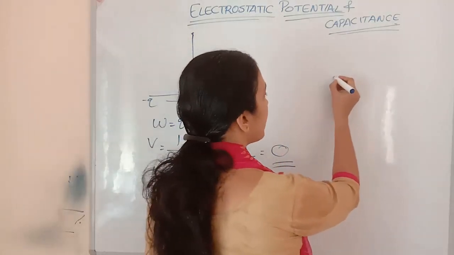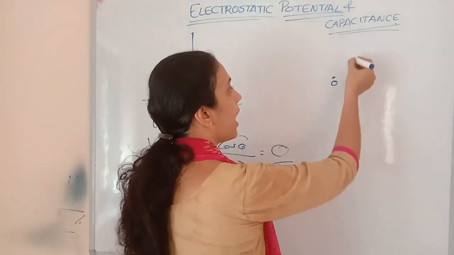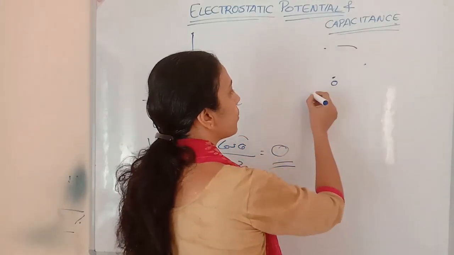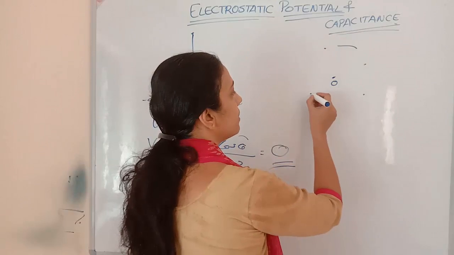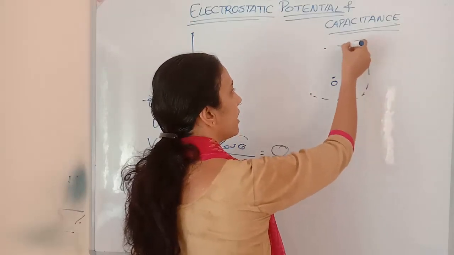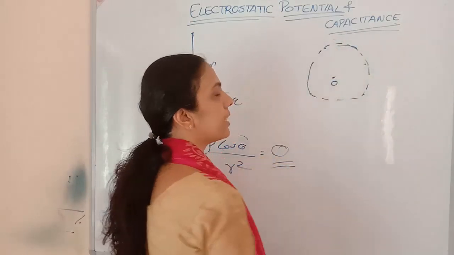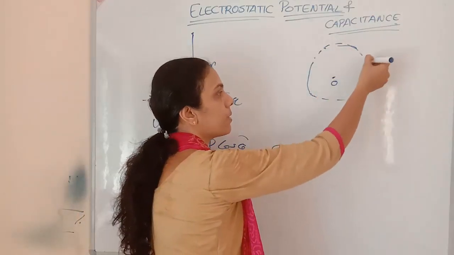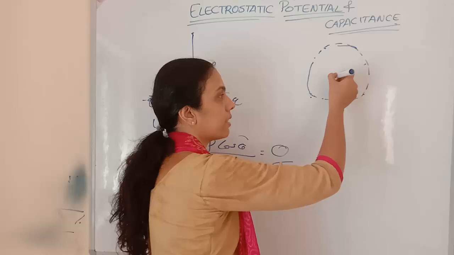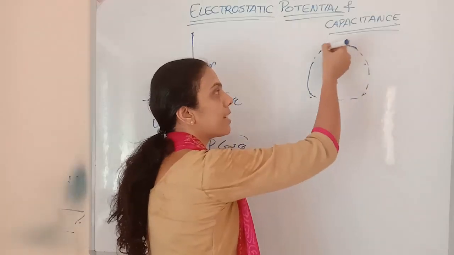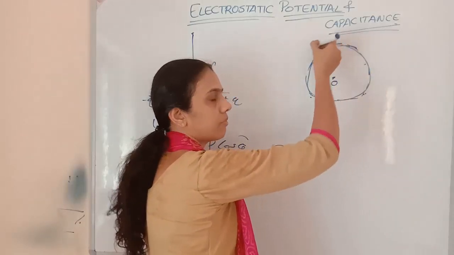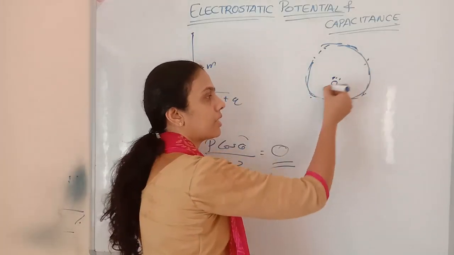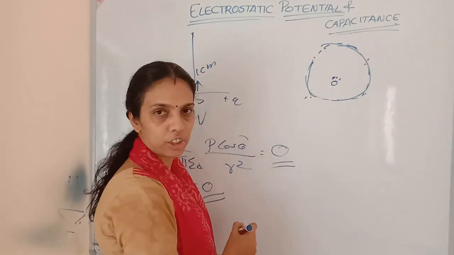At point O, we are considering equal distances, so it will be circular. This distance is the same, and this is an equipotential surface.